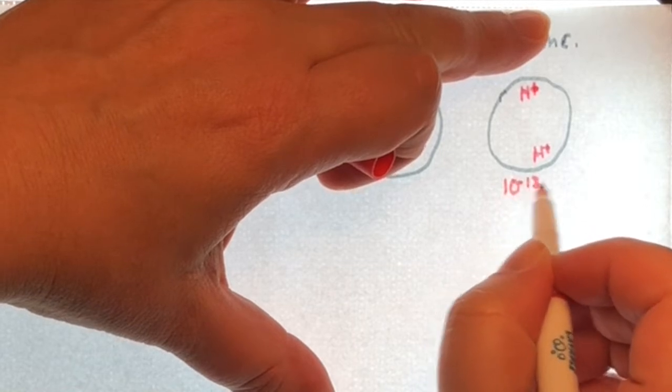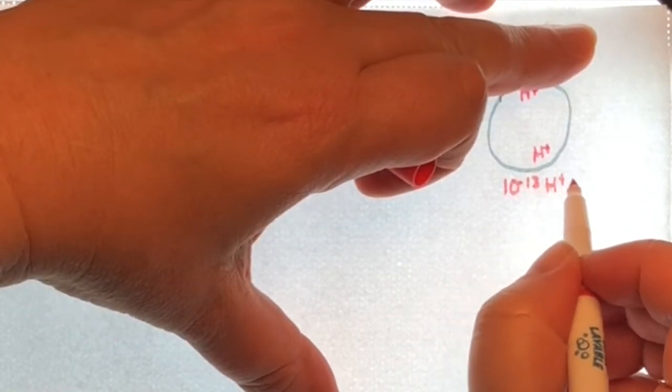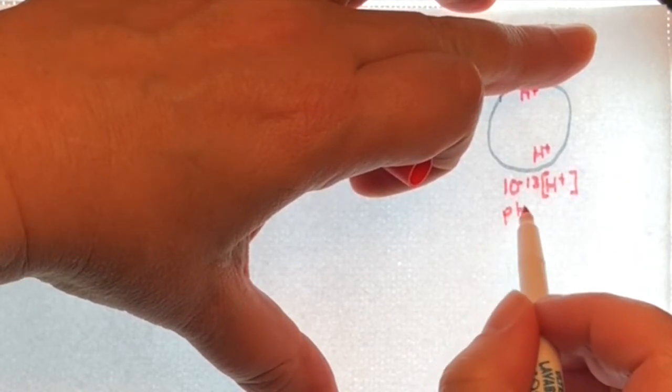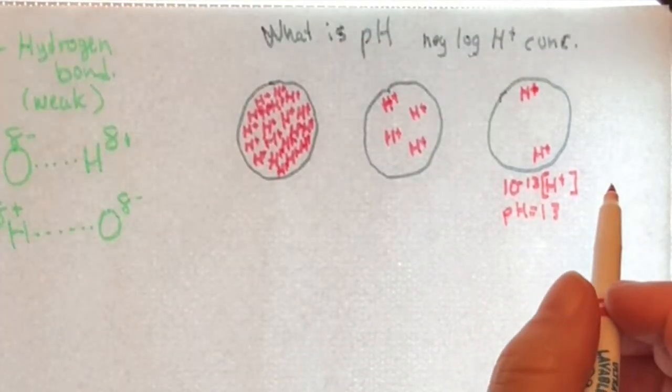It may be most beneficial to start off with a number that is quite low. When we have hydrogen ions in a very low concentration, we'll describe this as 10 to the minus 13 being the concentration of hydrogen ions. Again, those brackets around the H plus mean that we're discussing the concentration of something. So 10 to the minus 13 is the hydrogen ion concentration.